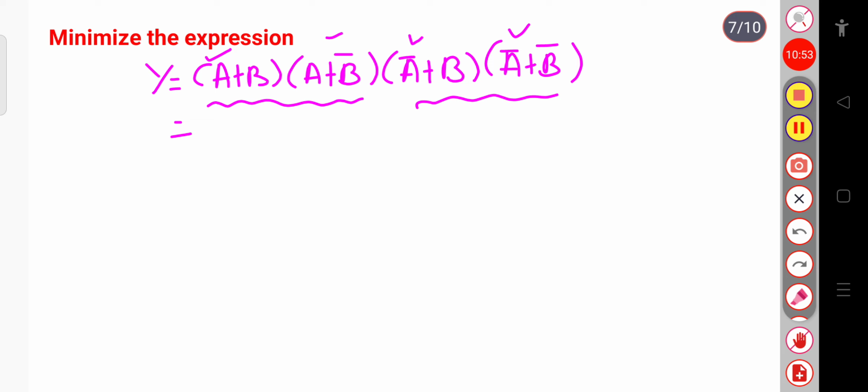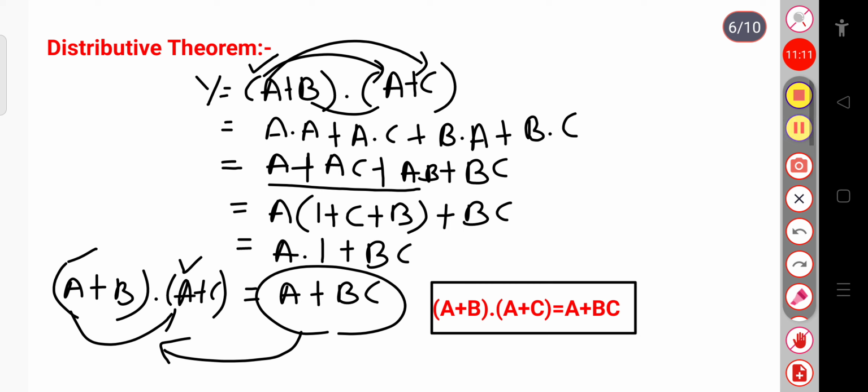That is why I am taking these 2 terms together and those 2 terms together. Taking (a plus b) into (a plus b bar), from our formula we know that (a plus b) into (a plus c) equals a plus bc. Here in our question it is given (a plus b) into (a plus b bar).